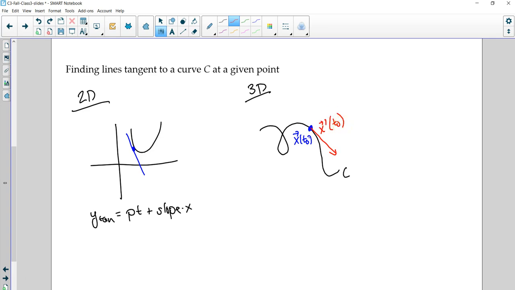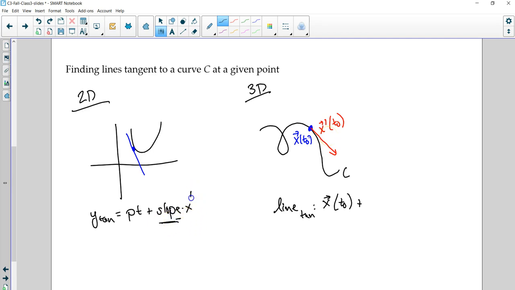Okay, and so our tangent line is certainly going to be, so line, tangent, we're going to have to begin with that point, so x naught, or x of t naught. I'm using notation that we use later in the course. X of t naught, and then to that we need to add some multiple of the slope, just as we did back in the 2D case, right?